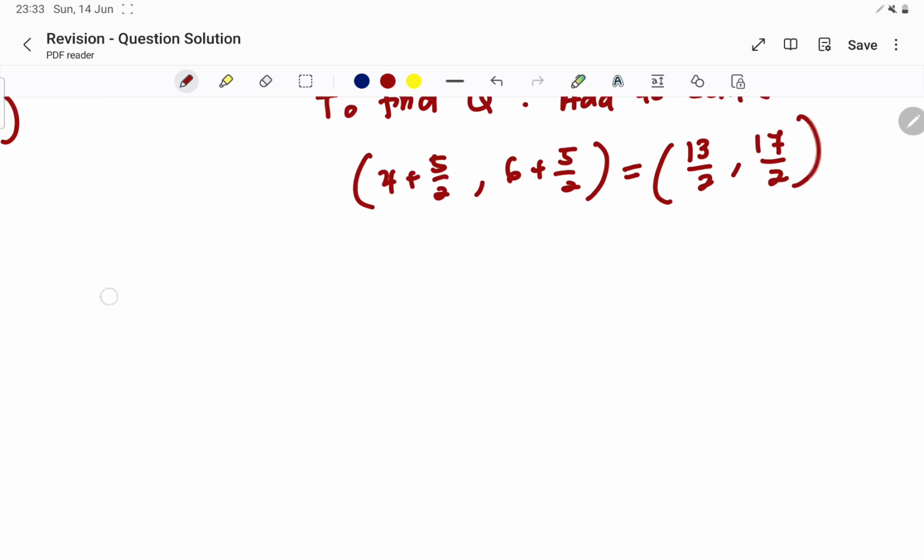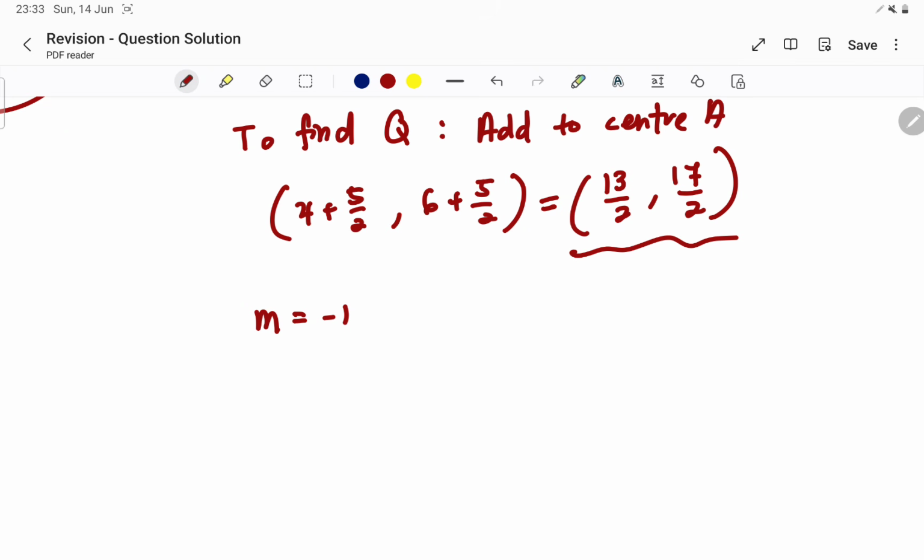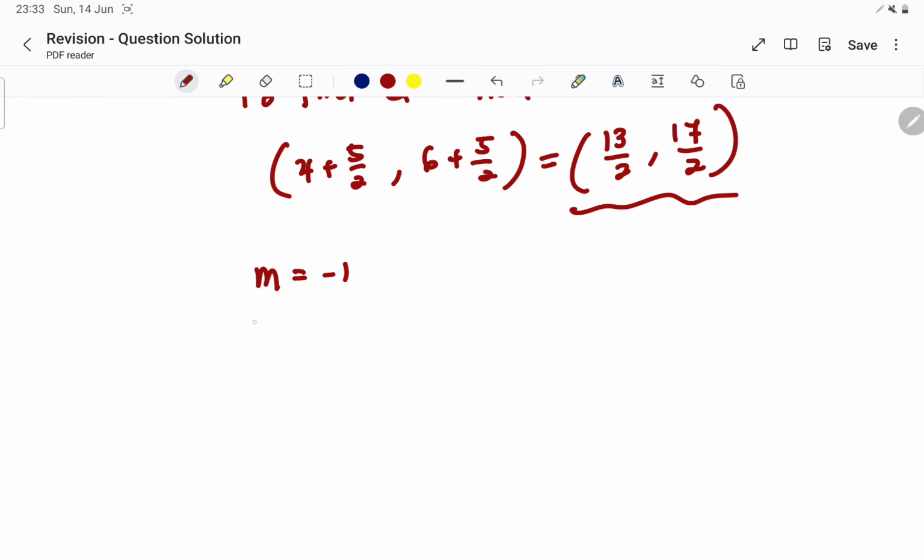From here, we already have the point Q and also our gradient, which is -1, similar to the tangent earlier. Then you can use (y2 minus y1) divided by (x2 minus x1) equals -1.